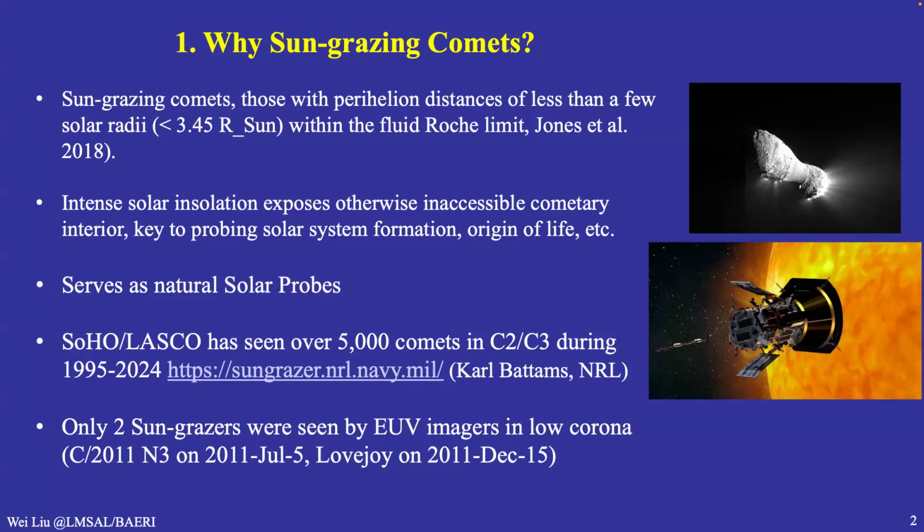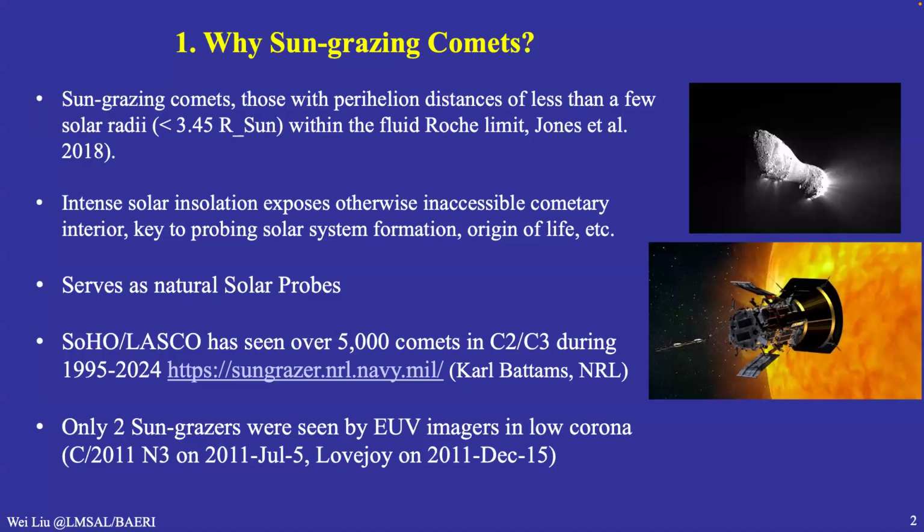With that, I do want to disclose that LASCO on SOHO has seen over 5,000 comets in the coronagraph over the past 30 years. So there are a lot of comets. However, those that get close to the sun are pretty rare.